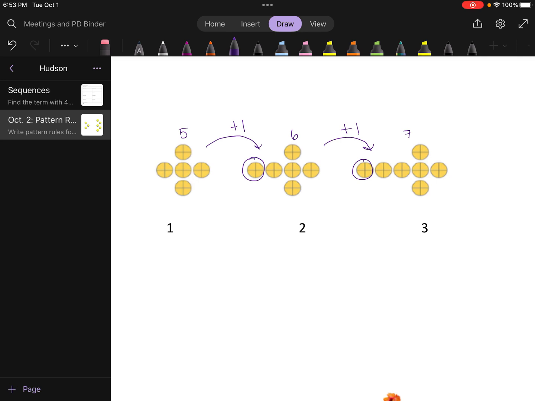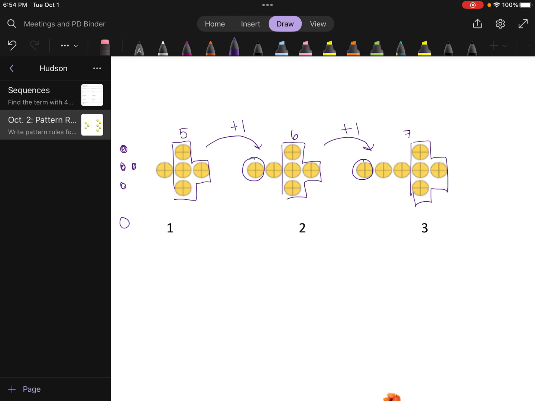And if I think what stays the same in every single picture, or if I went back to term 0, I would have the 4 balls, sorry, not 3, staying the same each time. So this part is staying the same in each of my diagrams. If you didn't see that, take a chance, pause the video, and write a pattern rule.